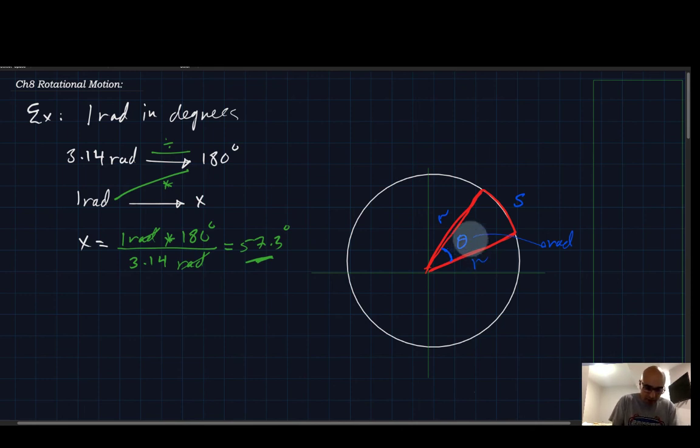This relationship was solved a long time ago: s is equal to r times theta. So the length of this arc, in meters, is equal to the radius times the angle confined by the arc. This is a very, very important equation.